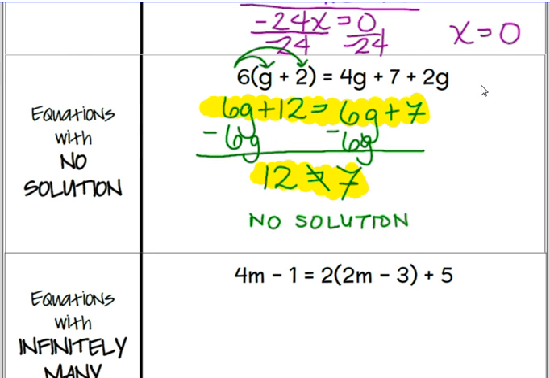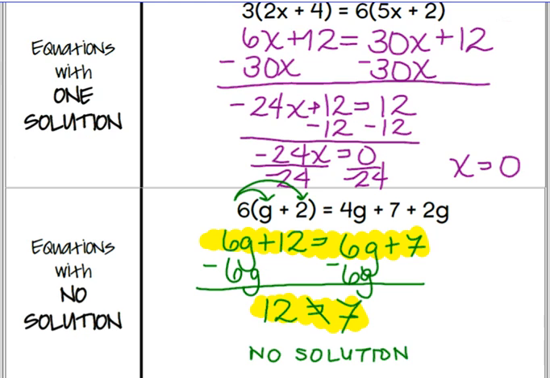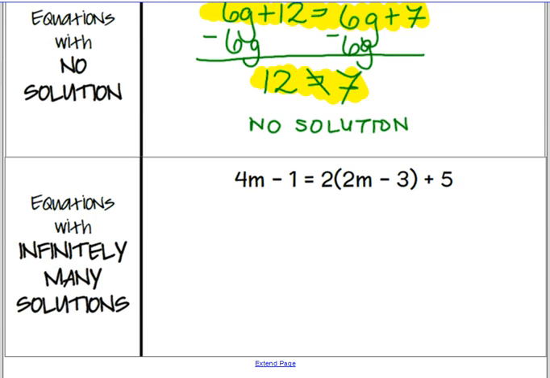And last one. So if we have 4m minus 1 equals 2 times the quantity 2m minus 3, plus 5. So this side of the equation is as simplified as it can get. So 4m minus 1 will come down.